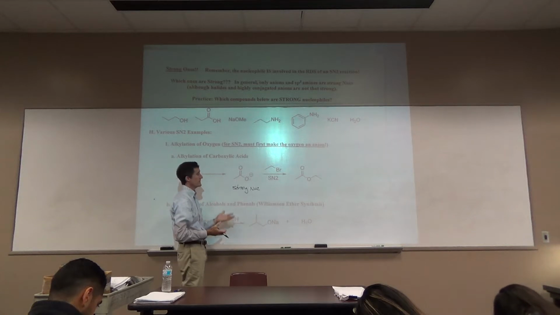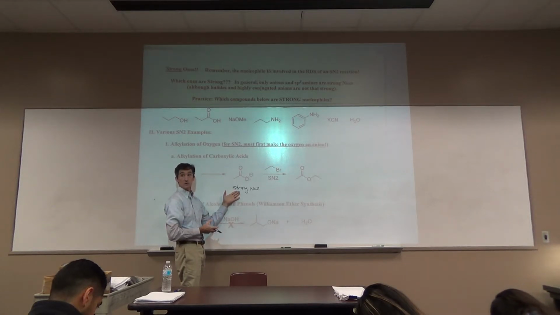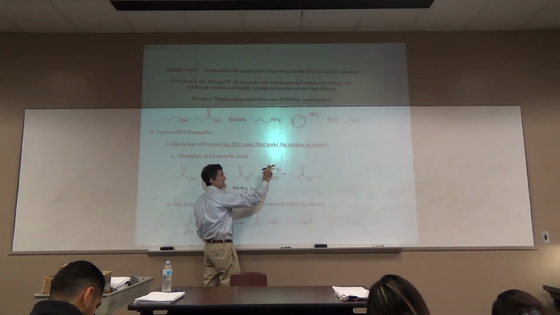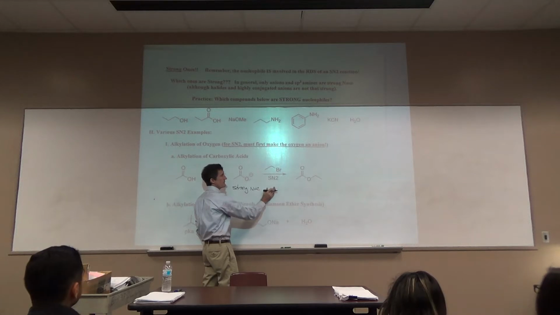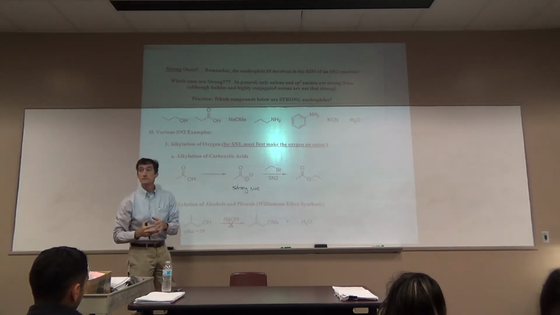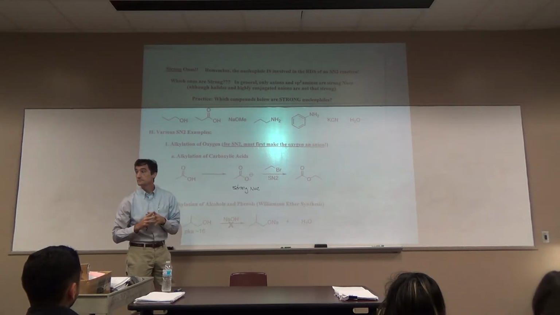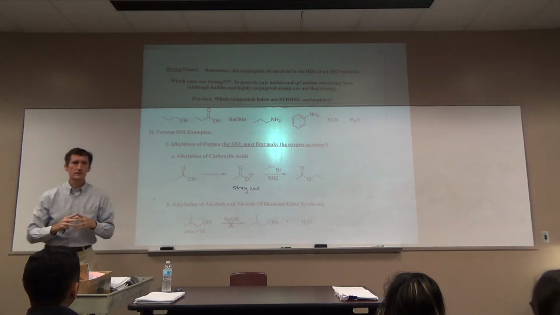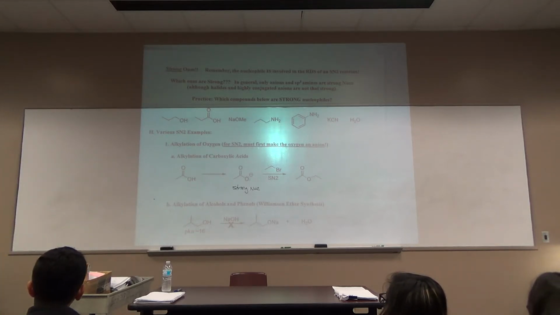Now again, that doesn't mean it's the strongest you'll ever see. There are many other stronger ones, but we're calling this strong. If we bring in some carbon with the leaving group, by the way, what type of carbon must the leaving group be on? We should have discussed this last time. What type of carbon does the leaving group need to be on?